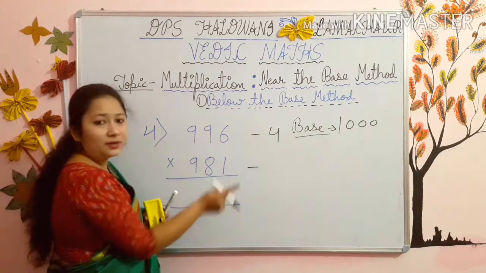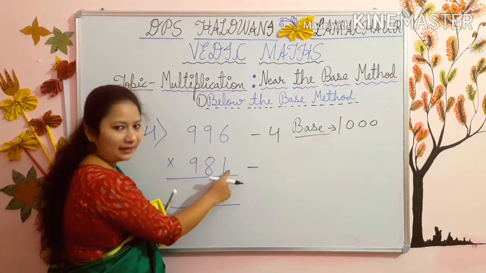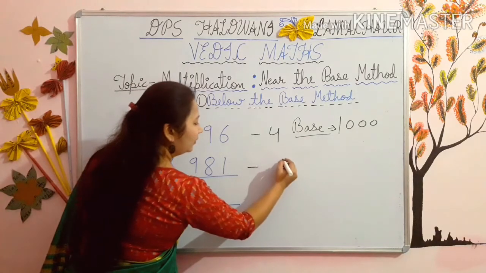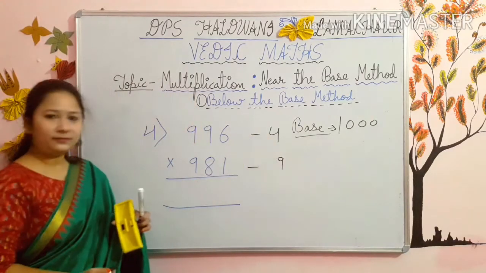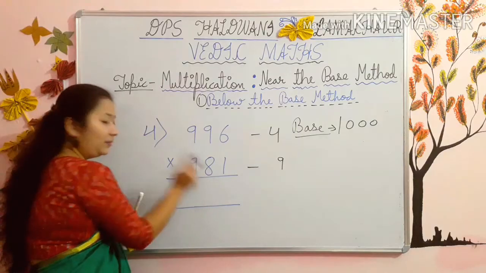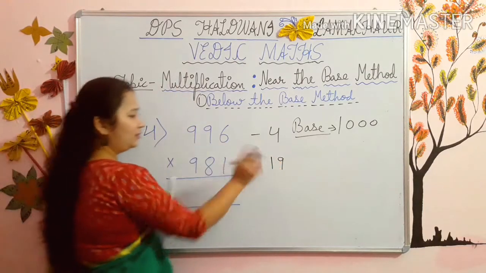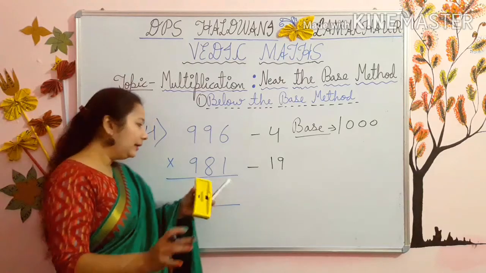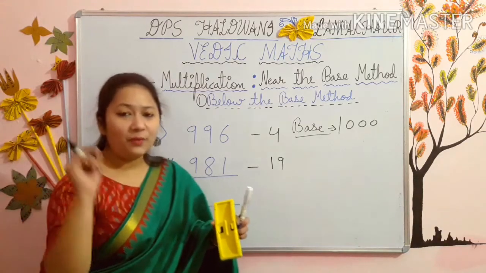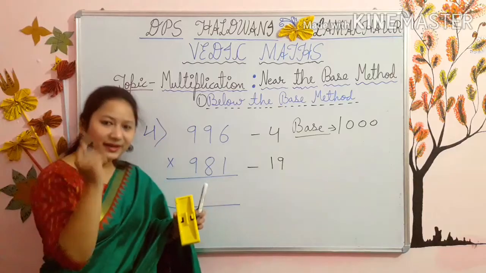Nothing. Now subtract this. See, last from 10. 10 minus 1, 9. Then this from 9. 9 minus 8, 1. And 9 minus 9, 0, means nothing. Directly you can subtract last from 10 and others from 9.